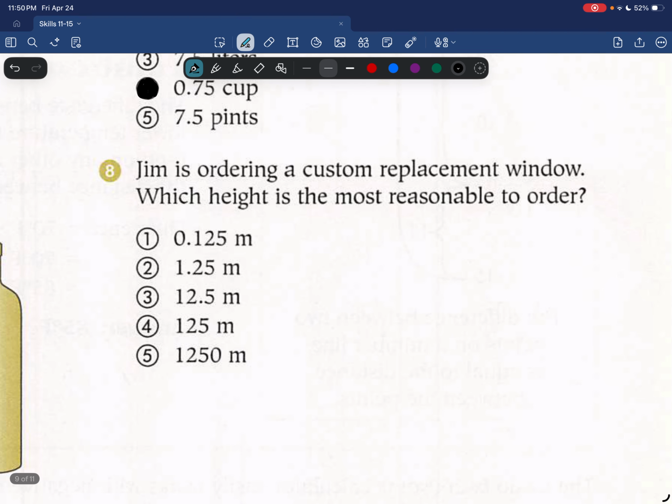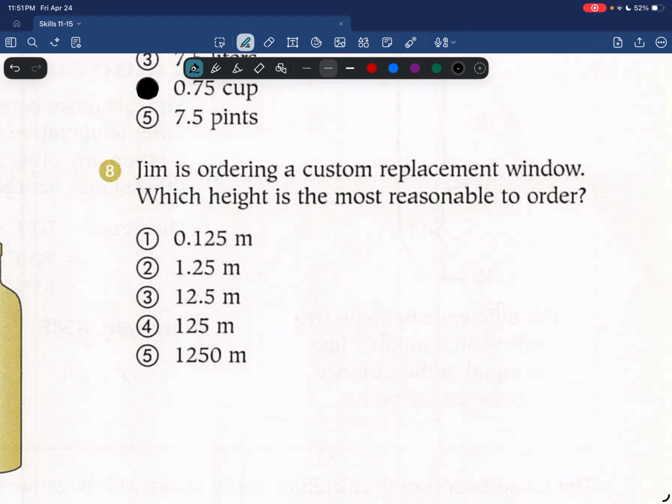Number 8, Jim is ordering a custom replacement window. Which height is most reasonable to order? So we have all of these in meters. They're all lengths, distances, all of them apply to the type of question.